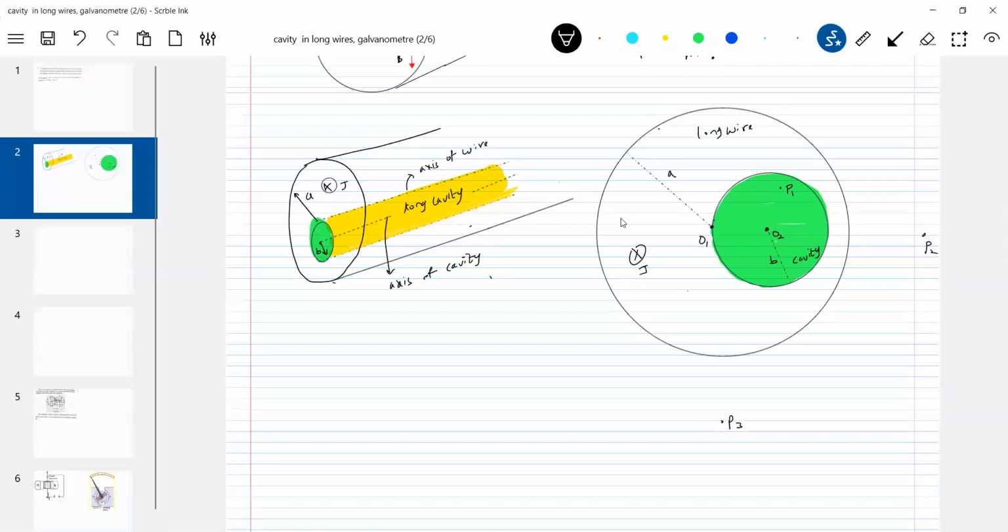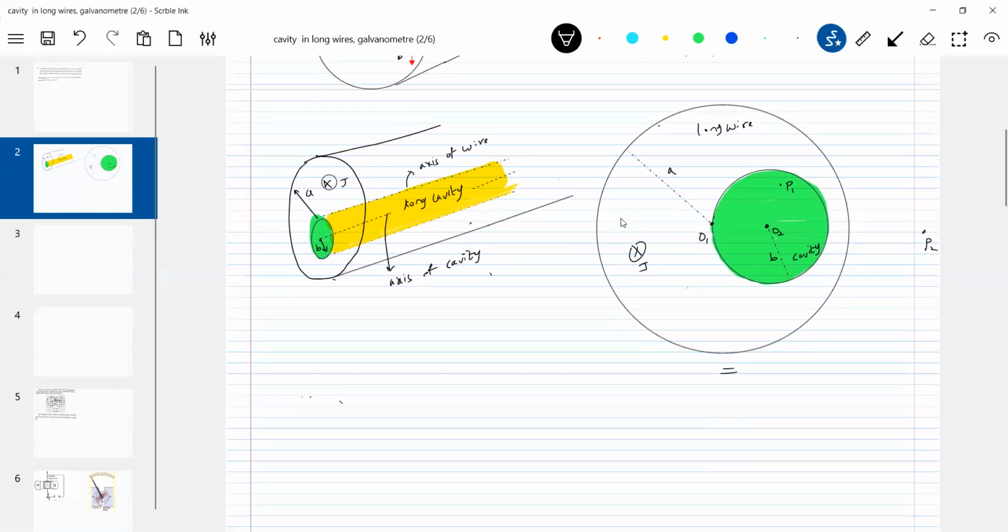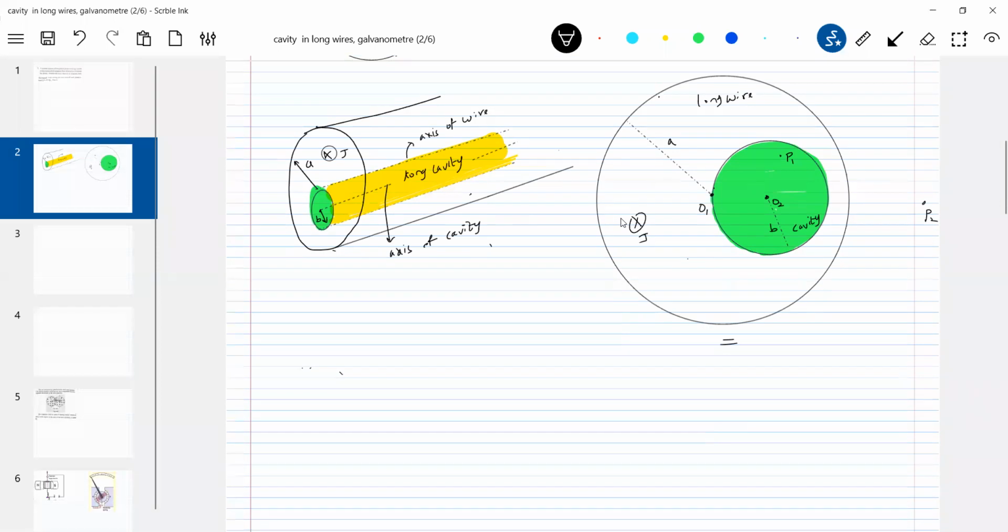First, there's a wire without cavity. Let me introduce it here. I need a lot of space. So the point P1 will be here.